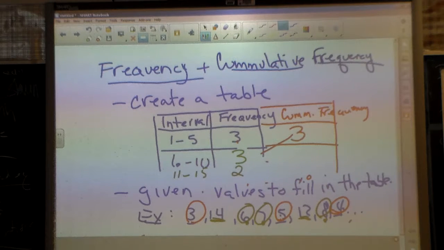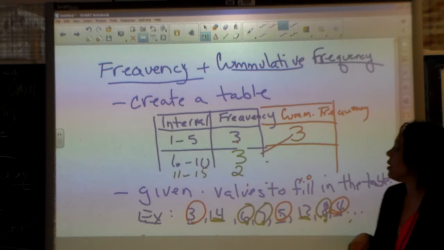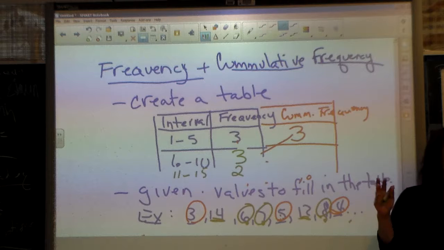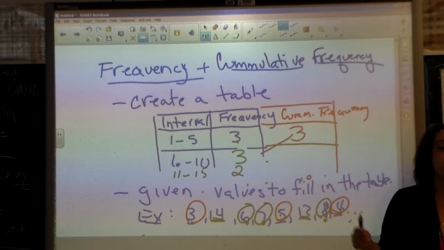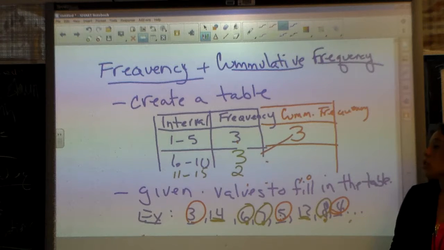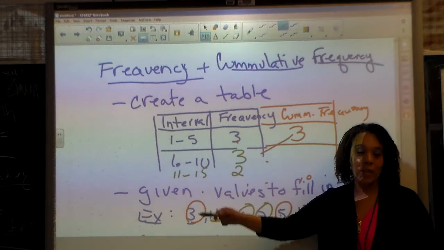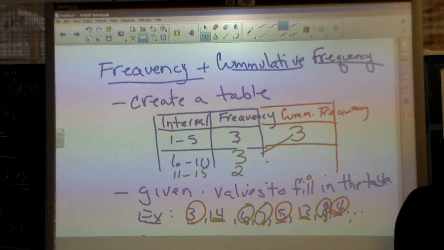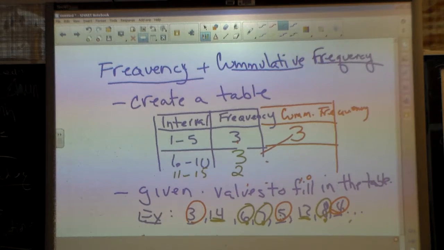So on your exam, the first frequency question is going to give you a set of numbers, and they're going to ask you which frequency table matches your set of numbers. So you would have to look at A, B, C, and D and choose the one that matches correctly. Make sense?